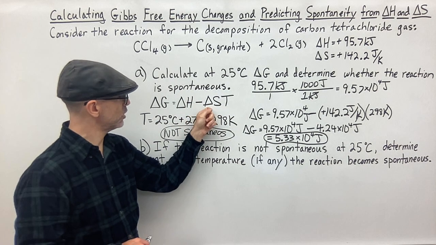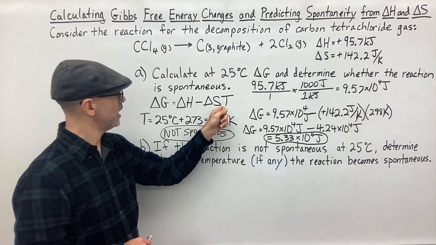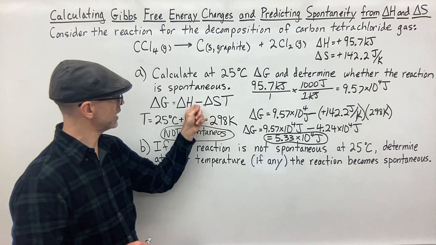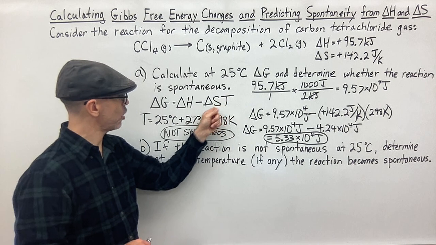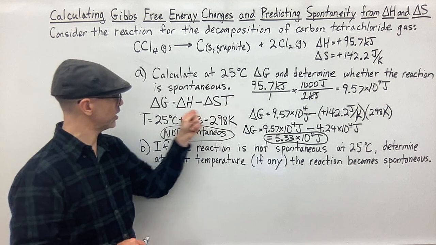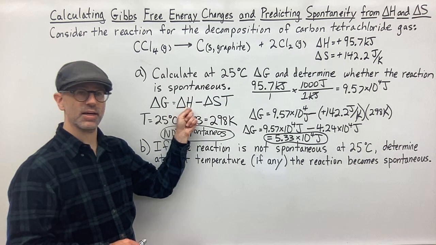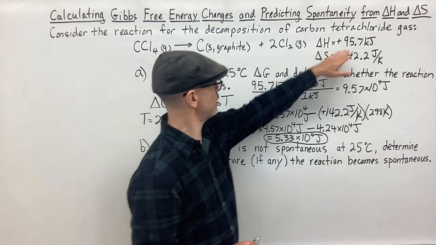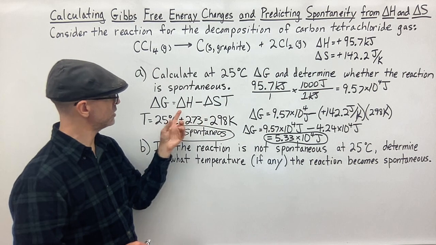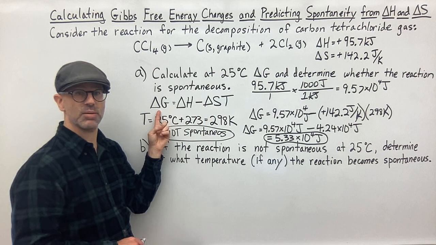So if we increase the temperature, then we're increasing the negative part. And so if we can increase the temperature enough, maybe this part here would overcome the delta H, which is positive. So we need to find the temperature at which this delta G becomes negative.